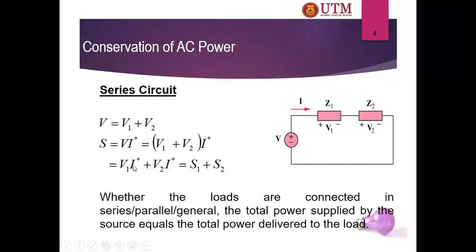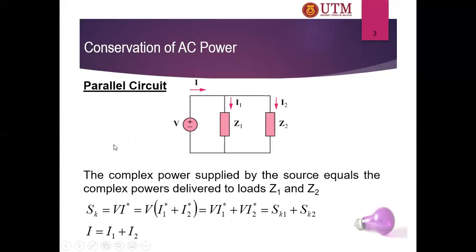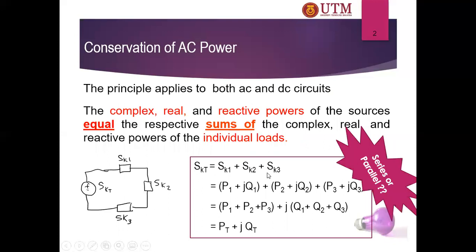V1 multiplied by I conjugate, which refers to the complex power of Z1, plus V2 multiplied by I conjugate, which refers to the complex power of element 2. So we have S source equal to S1 plus S2, which is the general power conservation equation.